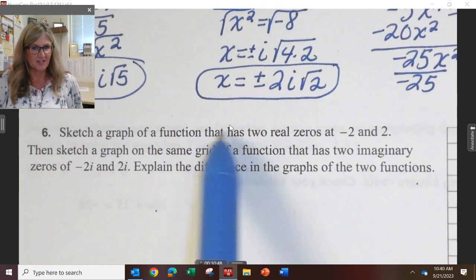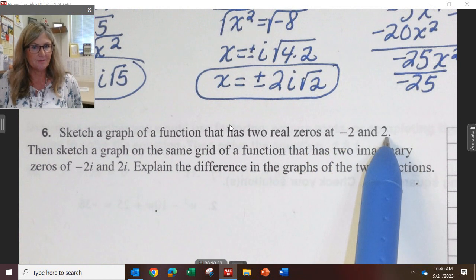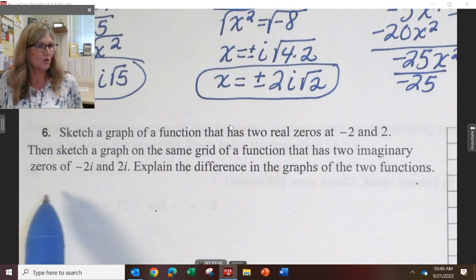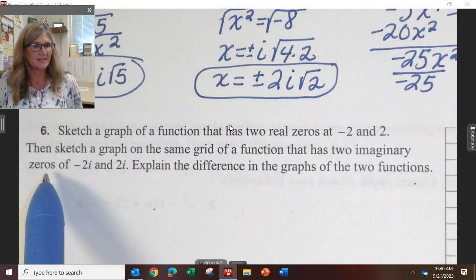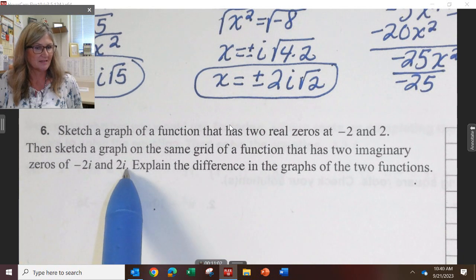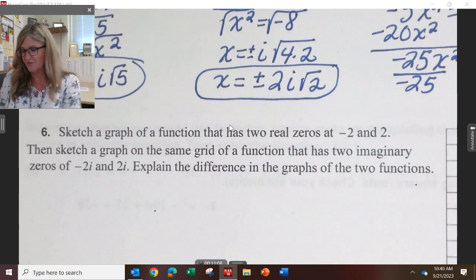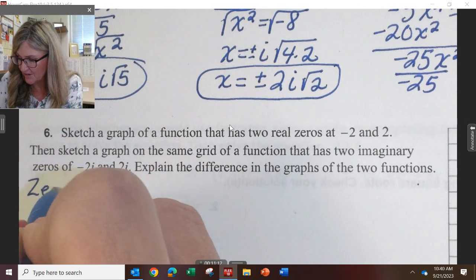Okay? All right, I want you to think about number 6 now. I want a function that has two real zeros at -2 and 2. And then I want a function, and you can sketch these or you can write the equations, and I want it to have imaginary zeros of -2i and +2i. Can you come up with those functions? Try it.